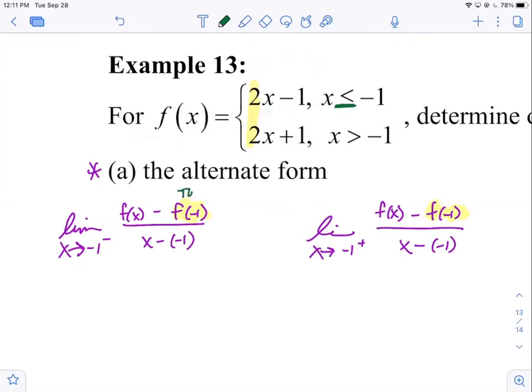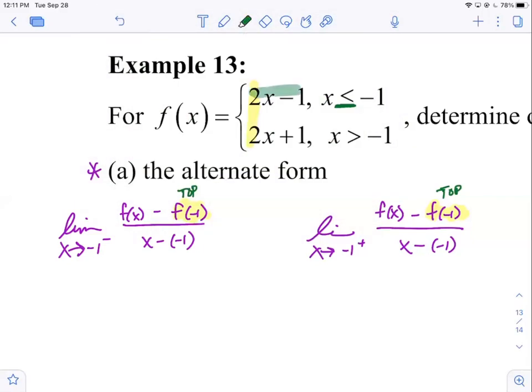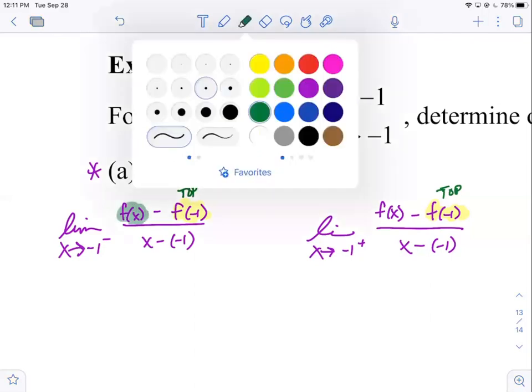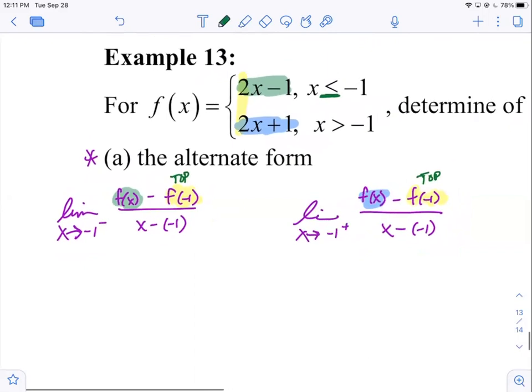But the f of x part is what varies depending if we're coming in from the left or right. So from the left, we're going to be using the top piece. And from the right, we're going to be using the bottom piece.